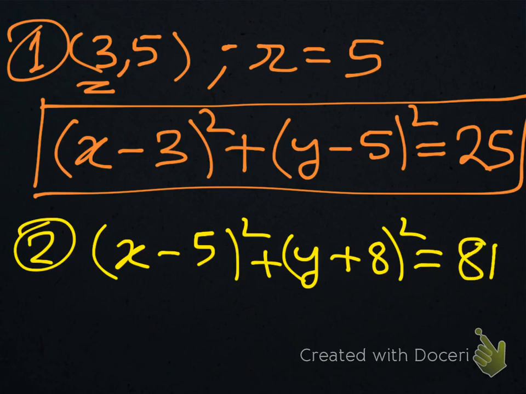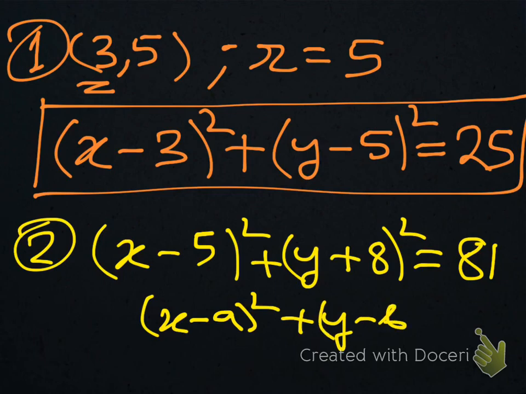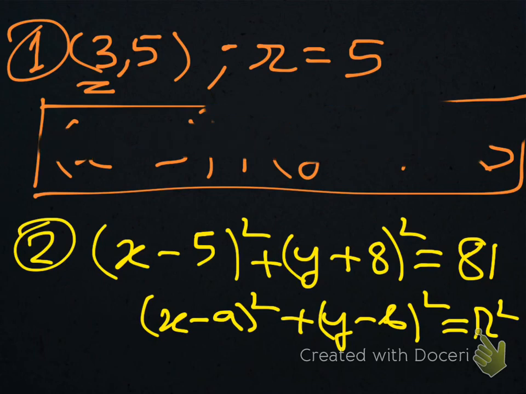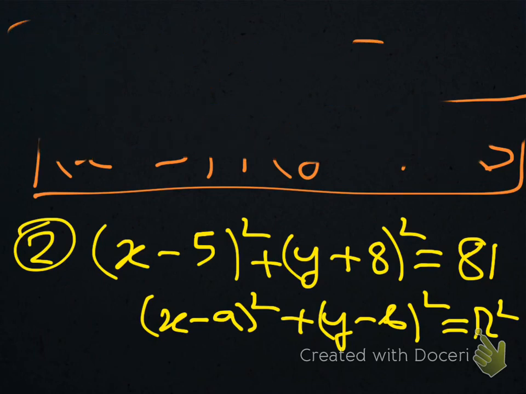Comparing this with the standard equation of a circle, (x - a)² + (y - b)² = r², we can tell the center and the radius.